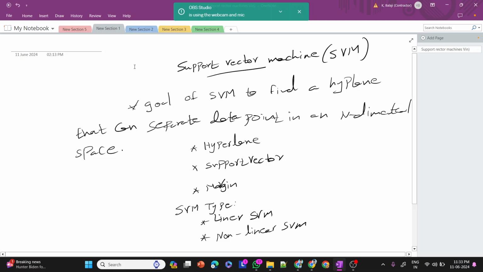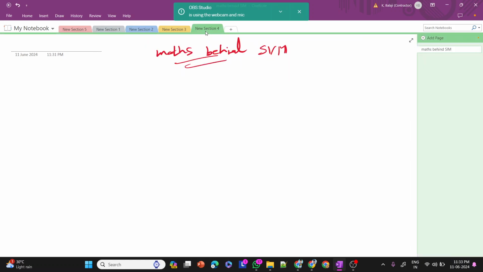These are the basic concepts behind the SVM algorithm: we need to find a hyperplane which can separate the data points in an n-dimensional vector space. Today we are going to see about the max margin in the SVM algorithm.